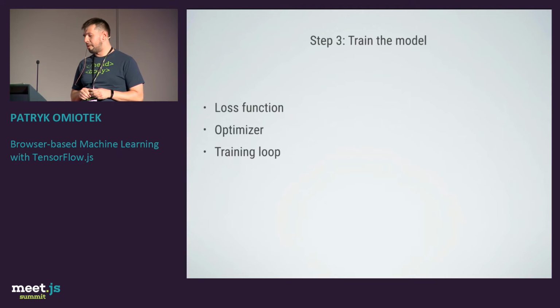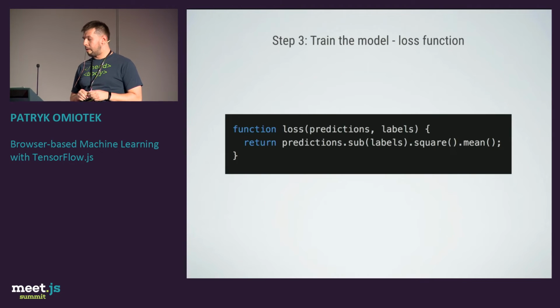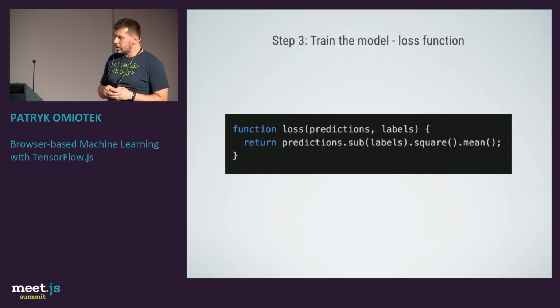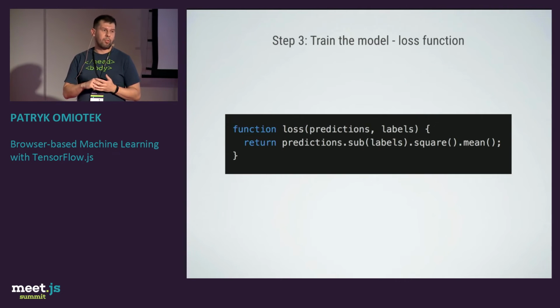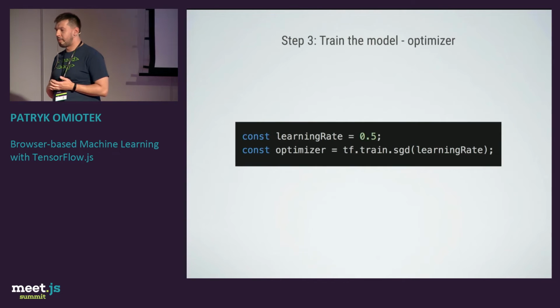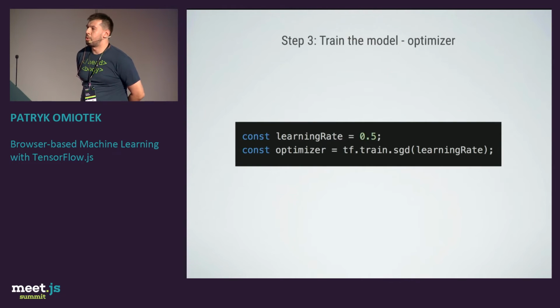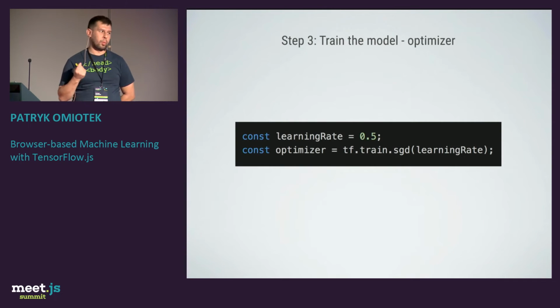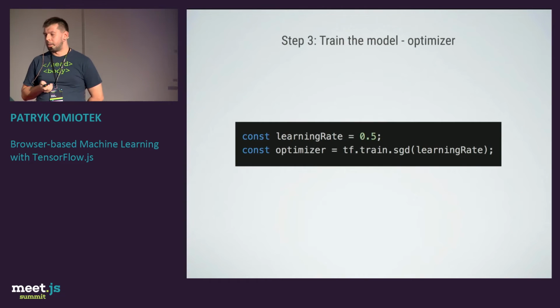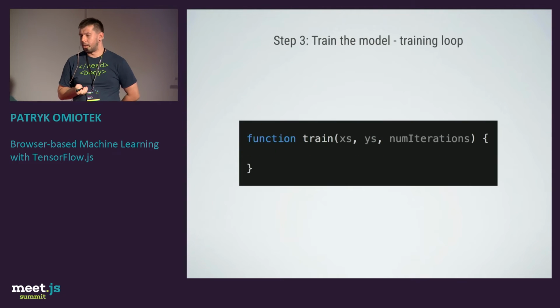We're looking for something like that, and we are going to create a training loop. For our loss function, for example, we can use this squared error function known from math, from the studies, or from school. We should define our learning rate and use an optimizer. One of the most popular optimizers, for example, is gradient descent with a learning rate.